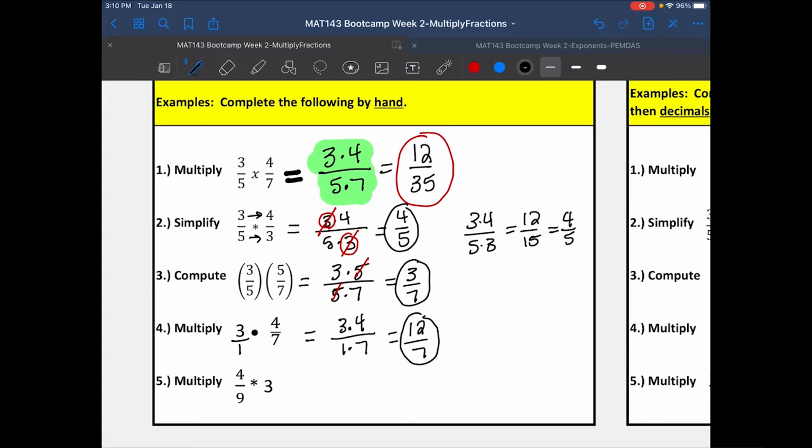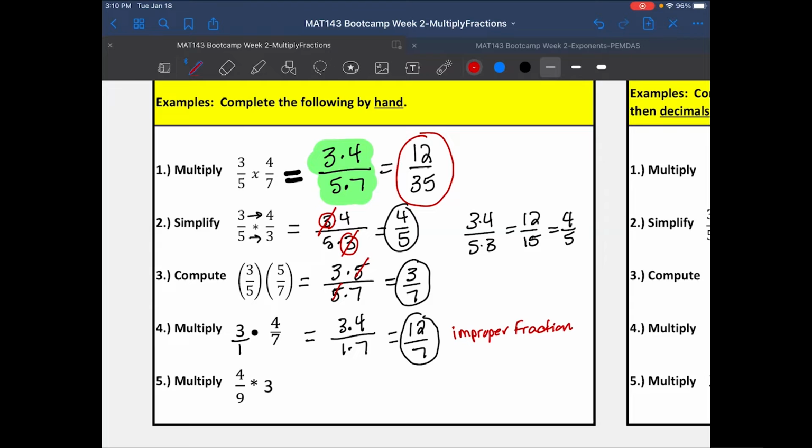Now, in this situation, I see that my denominator is actually smaller than my numerator. When that happens, we call this an improper fraction. And if you recall elementary, middle school, we worked really hard at changing improper fractions into proper fractions.